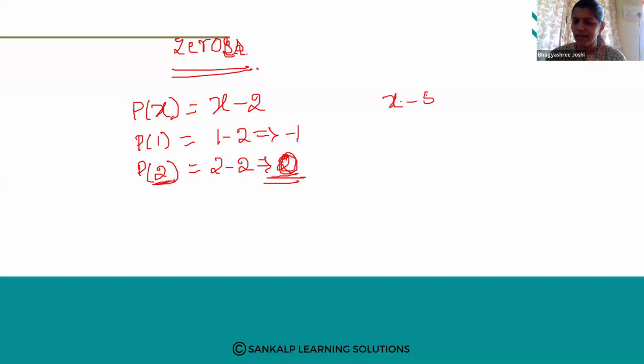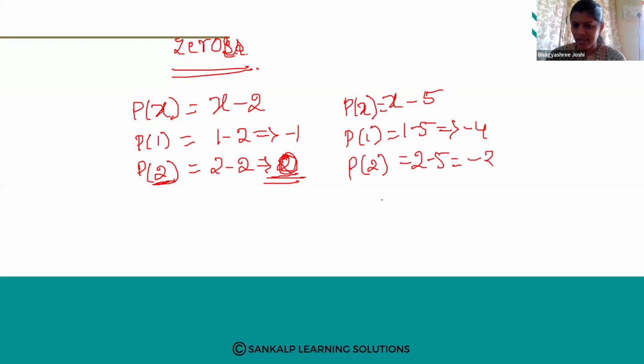See another example. Take x minus 5. So p of x is equal to x minus 5. If I put x is equal to 1, 1 minus 5 is minus 4. P of 2, 2 minus 5 is minus 3. P of 3 is 3 minus 5, which is minus 2.